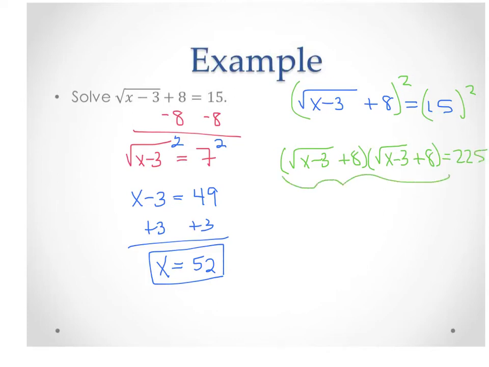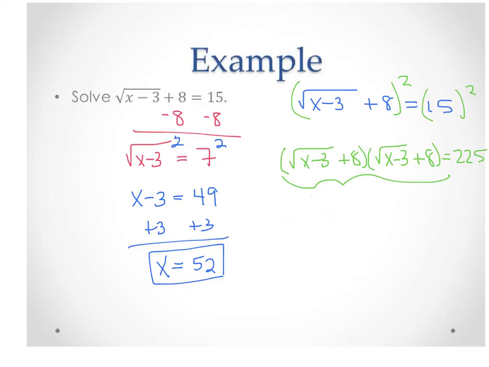And you have to FOIL that out, and you're still going to have a square root when you're done.